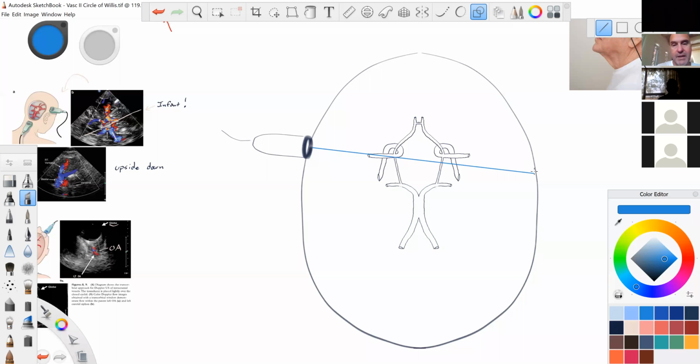And so if you set your gate here to about 50 millimeters, or that's the same thing as saying 5 centimeters, work it around, you will find blood flow coming towards you and of low resistance.